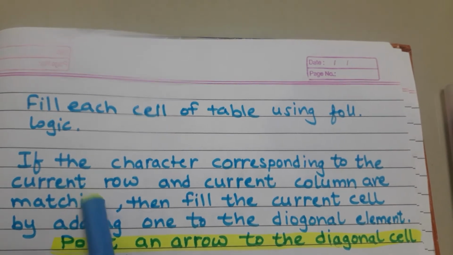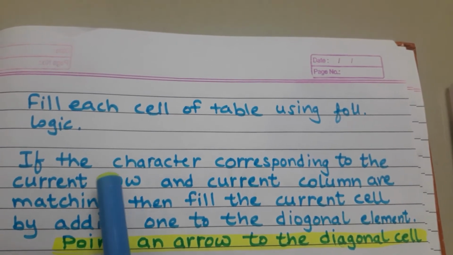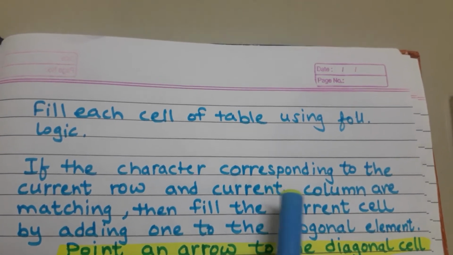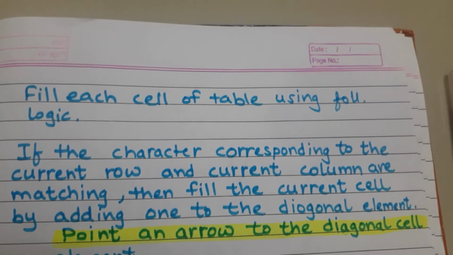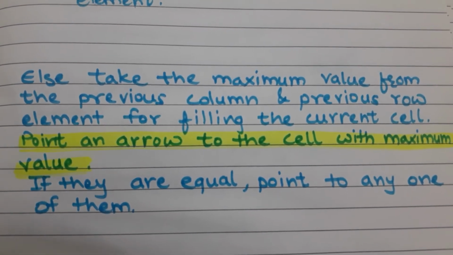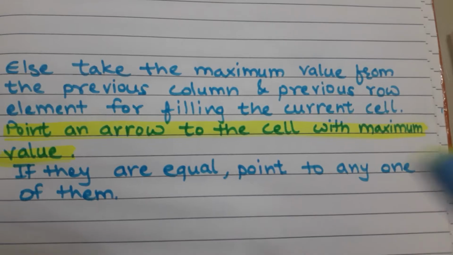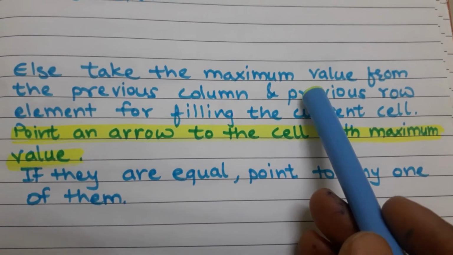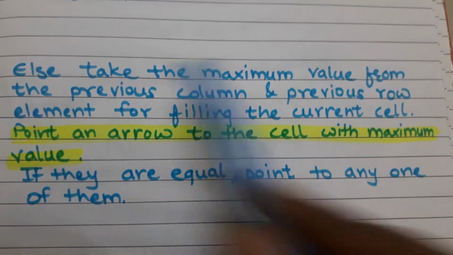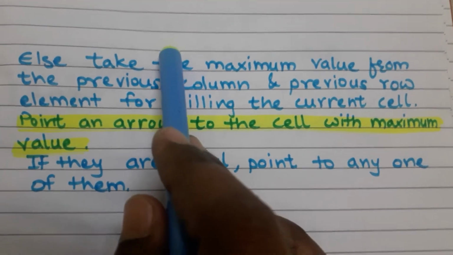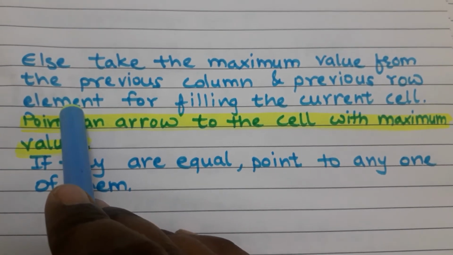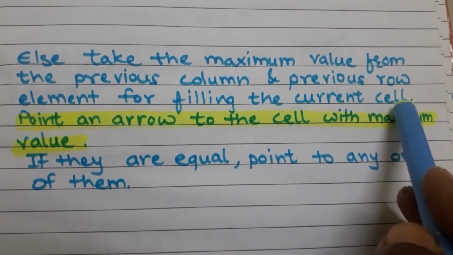Now if the current row and current column are not matching, then in that case we will take the maximum value from the previous column and previous row element for filling the current cell.